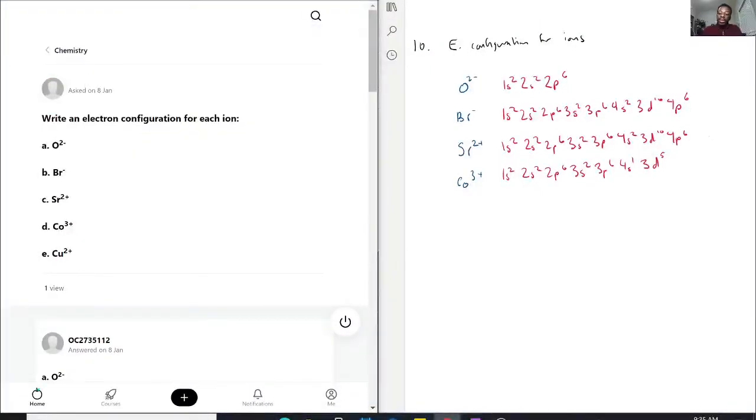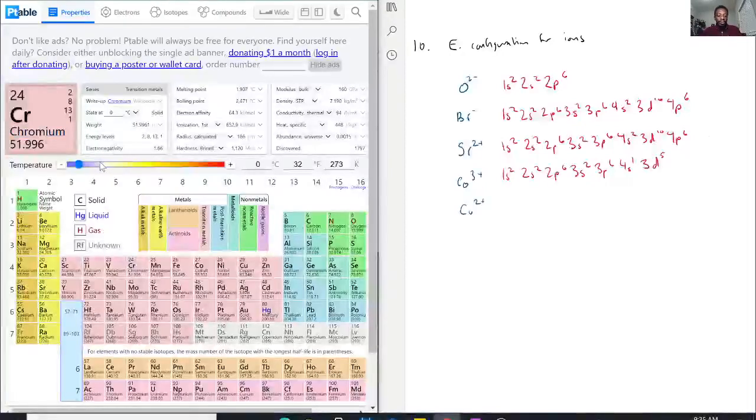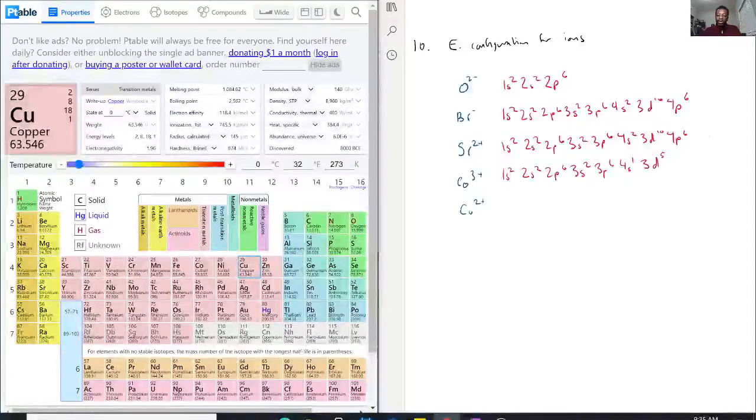So now for the last one, copper, and I hope you're seeing how transition metals do get a little bit weird. Copper, okay, is all the way over here. So it has 1s2, 2s2, 2p6, 3s2, 3p6, 4s2, 3d9.